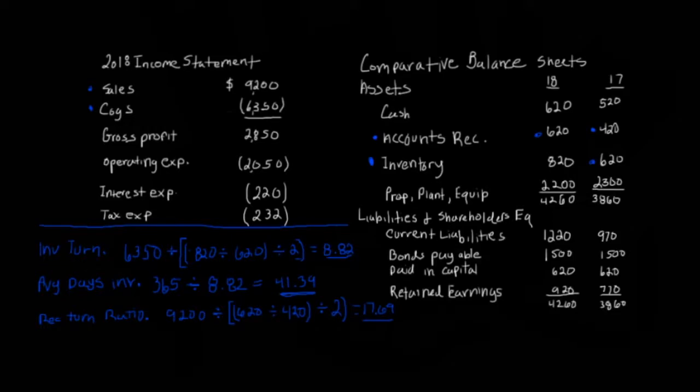So if we go to average collection period, we will take 365, representing the number of days, and then we are going to divide by 17.69 to get a product of 20.63.